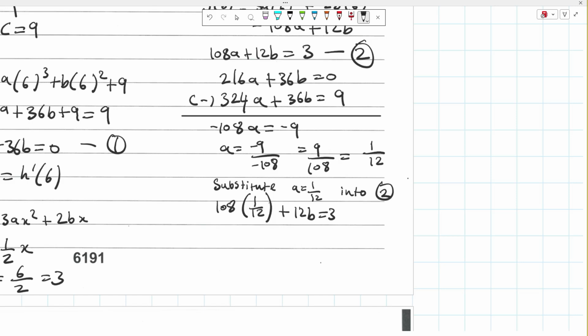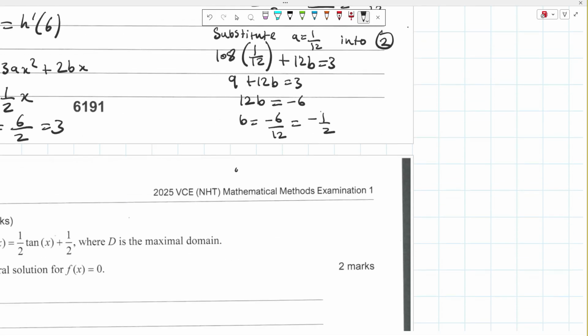Now, 108 times 1 over 12 is just 9. Take the 9 to the other side. Right, we get 3 minus 9, which is going to be negative 6. B is equal to negative 6 over 12. That's going to be negative a half. And we have our final answer.